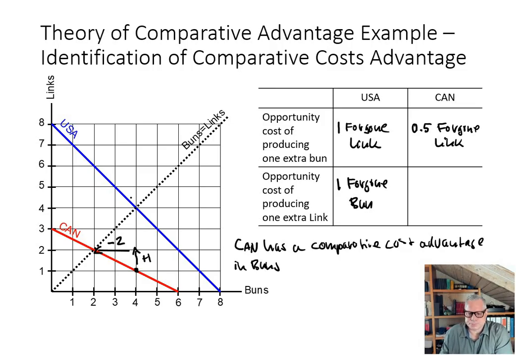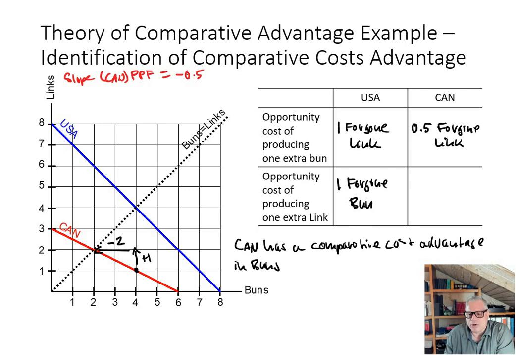So again, if we use the trick with the slope, the Canadian slope, the slope of the PPF of Canada, is equal to -0.5.